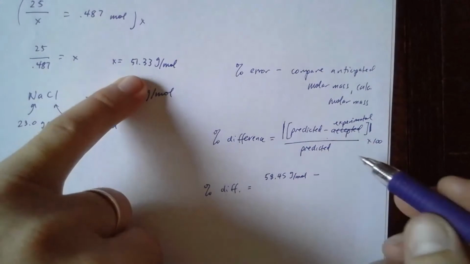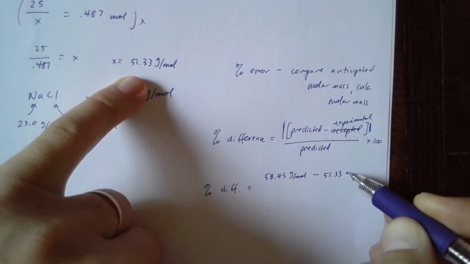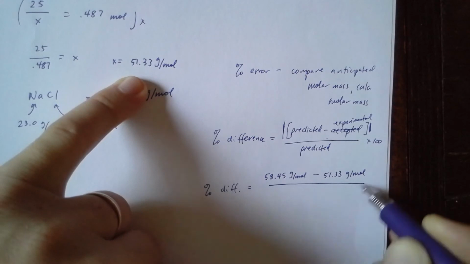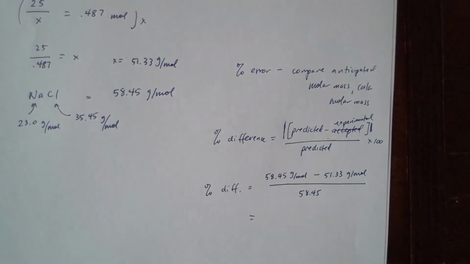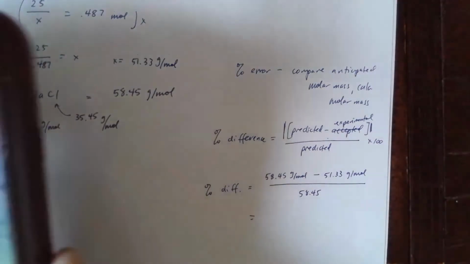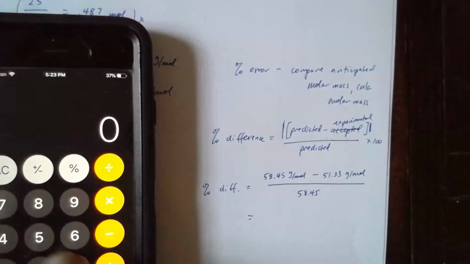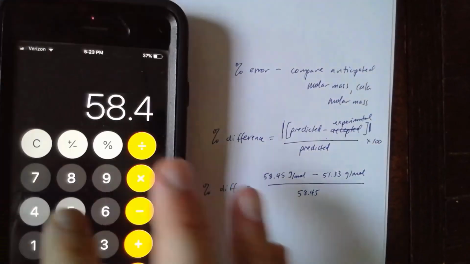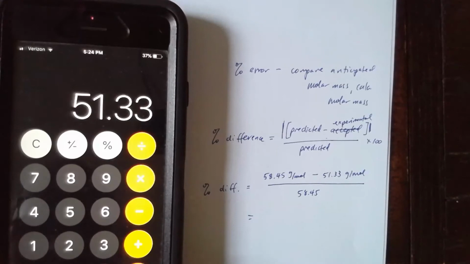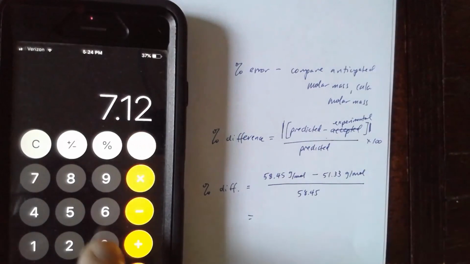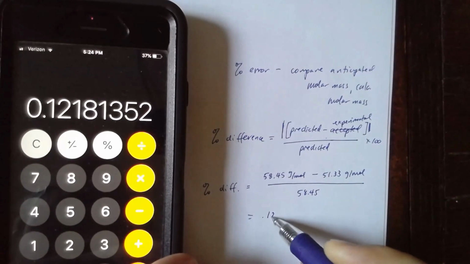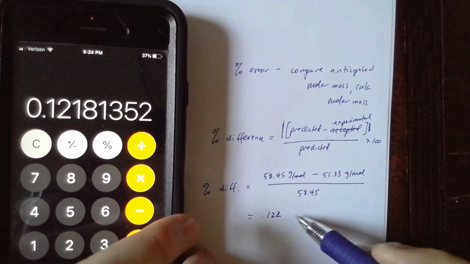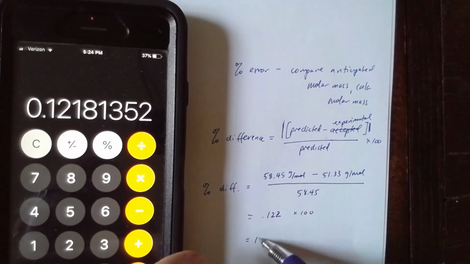What we calculated after we did our experiment was 51.33 grams per mole, over the predicted. So we've got 58.45 minus 51.33, and then we divide that by 58.45. That's 0.122, and then times 100 is equal to 12.2% difference.